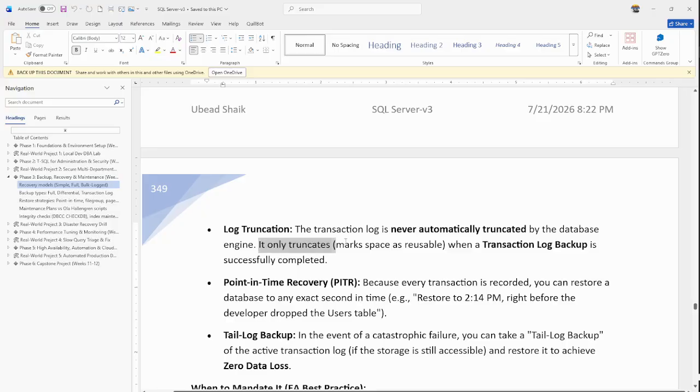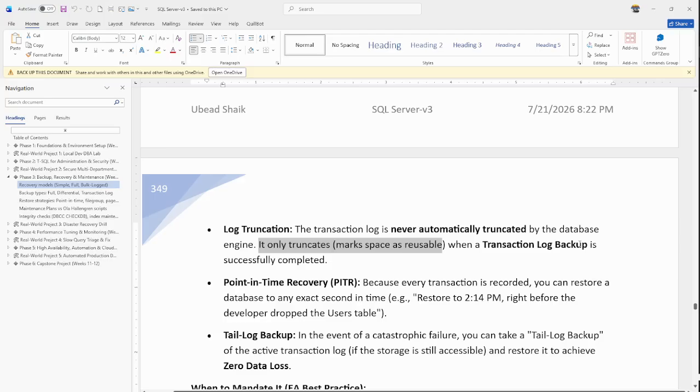It will only mark the space as reusable when a transaction log backup is successful. When there is a successful transaction log backup, it will reuse that space, and then we truncate that particular space.